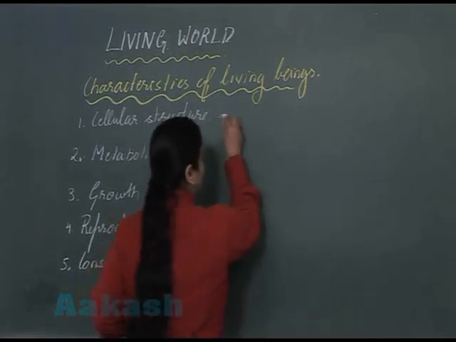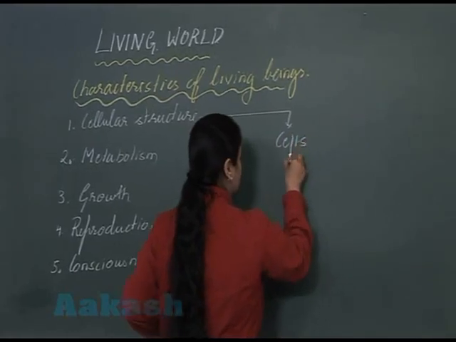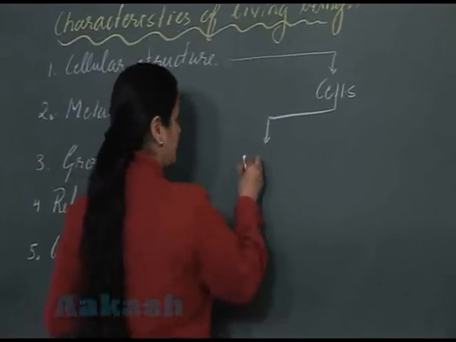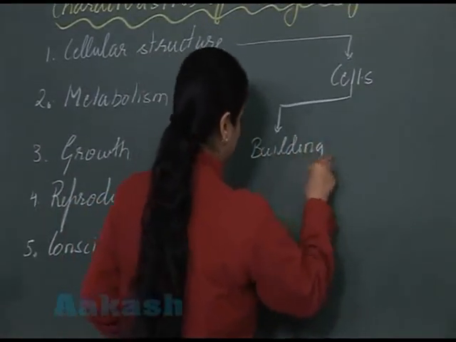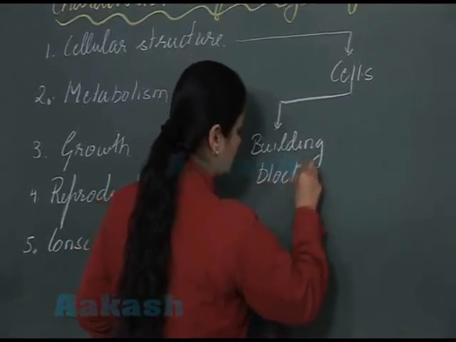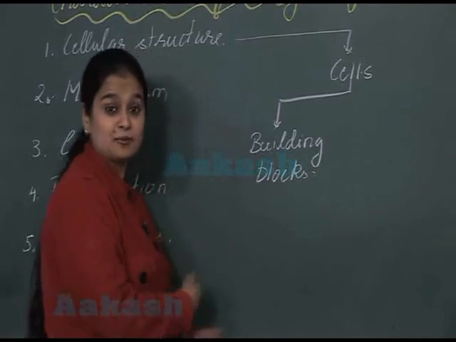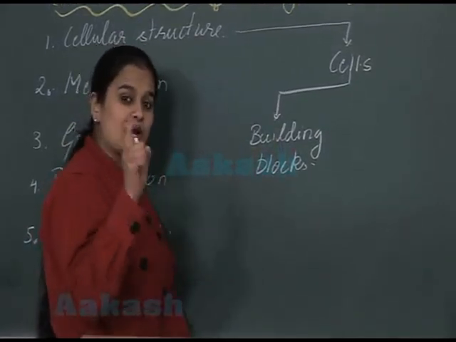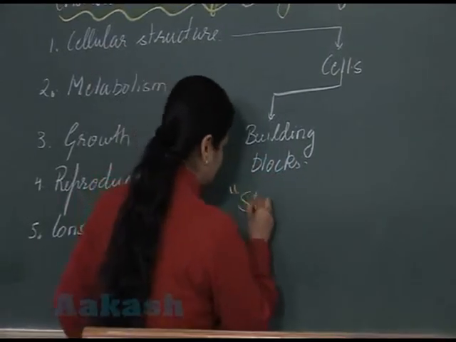So what is there in the cellular structure? Cells, as we have just discussed, are building blocks. The body of all the organisms is made up of cells. So you can say these cells are the structural unit of organism, right?